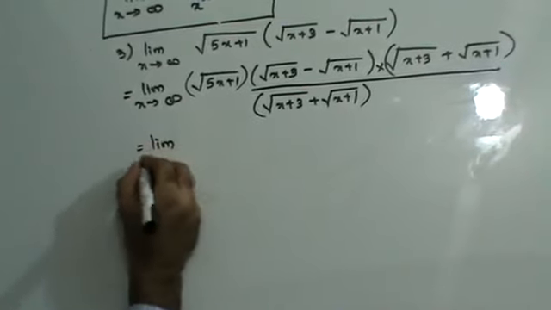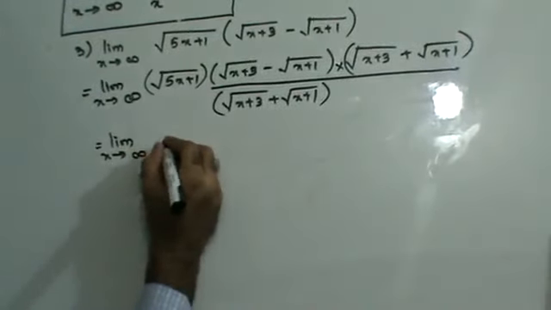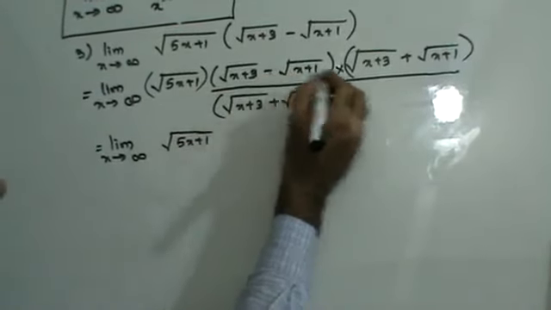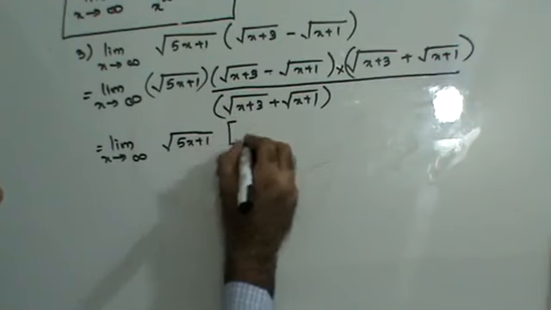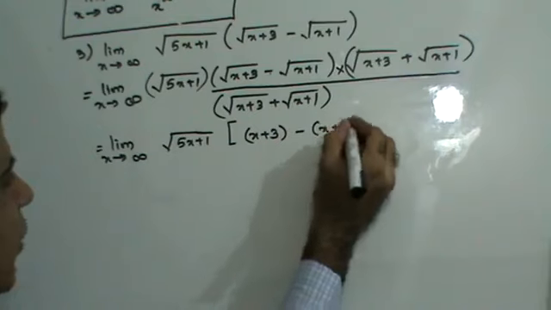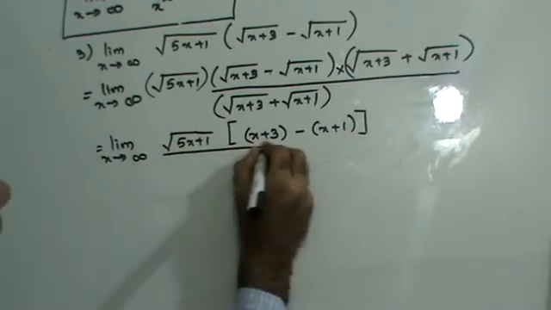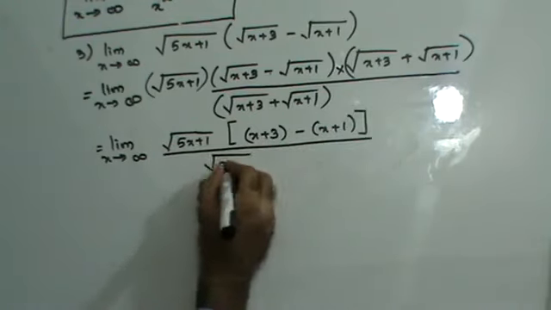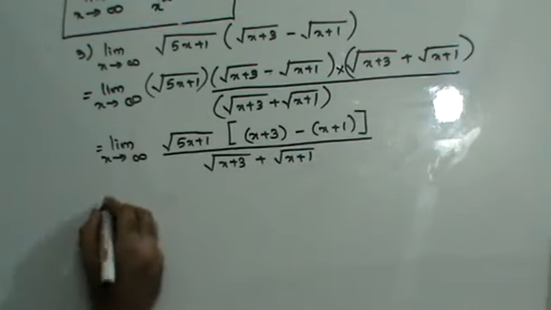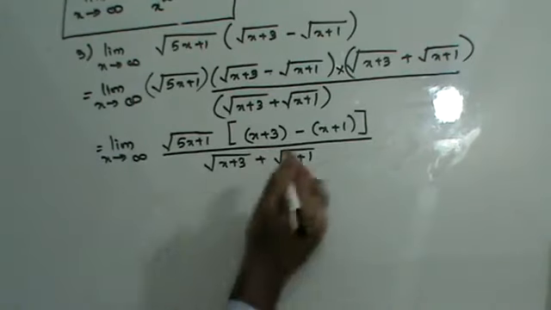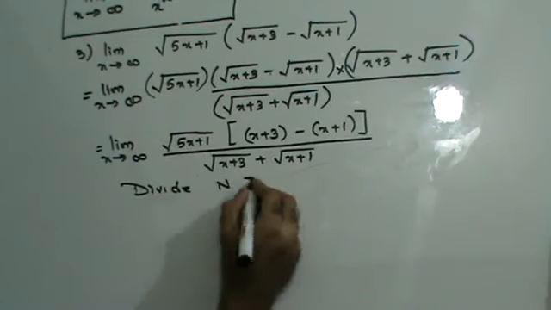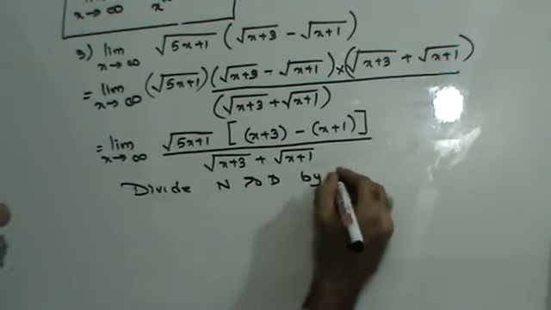This is going to be limit of x tends to infinity, root of 5x plus 1, and a minus b into a plus b is a square minus b square, upon root of x plus 3 plus root of x plus 1. Now here divide numerator and denominator by root x.